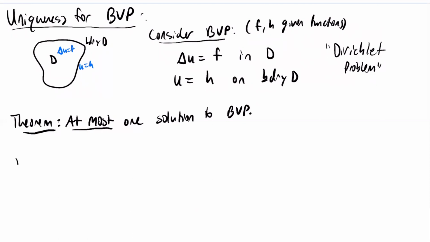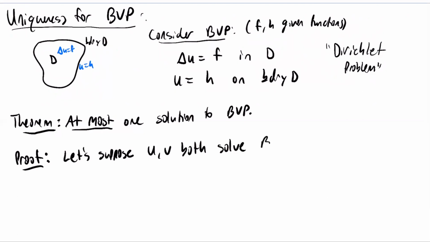And so how do we prove this? The proof should be very familiar from the arguments we did for uniqueness of the solutions to the diffusion equation in finite domains. In particular, let's suppose that we have two solutions, say u and v, that both solve the boundary value problem.